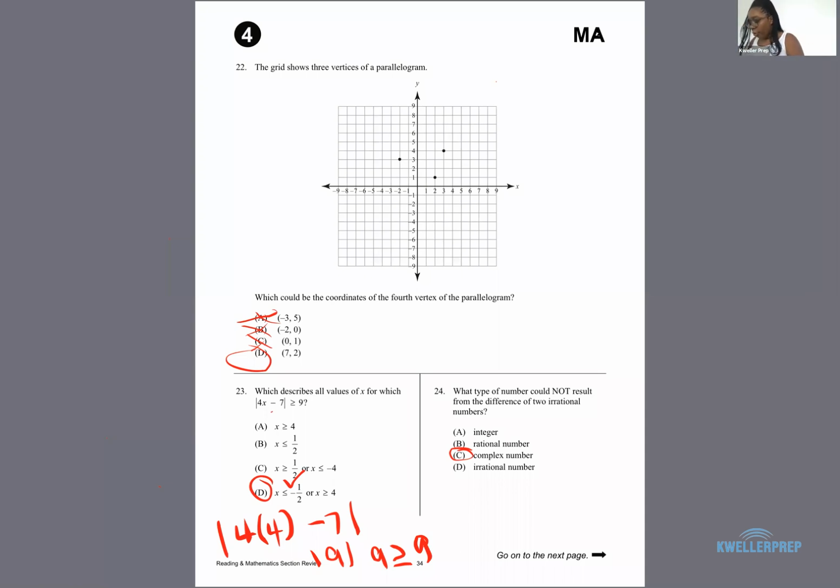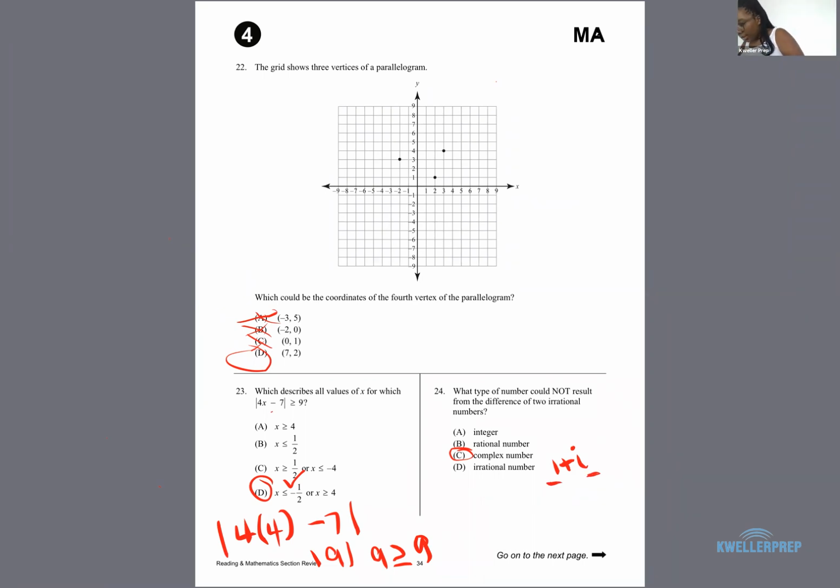Complex numbers are formed by a combination of a real and imaginary part. So, for example, an example of a complex number would be 1 plus I. And I is an imaginary number because it's the square root of -1. And it's imaginary because you can't take the square root of a negative number, so that's why it's imaginary. So 1 plus I has its real and it has its imaginary part.